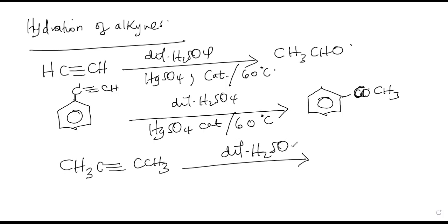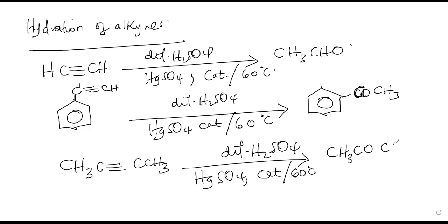Dilute sulfuric acid, mercury sulfate catalyst at 60 degrees Celsius, and this one will give us CH3COCH2CH3.